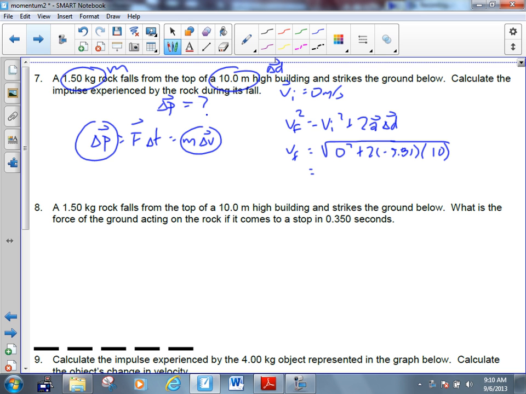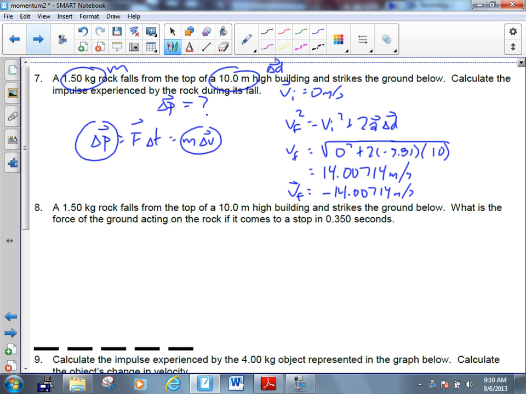And when we did that, we would have gotten a final speed of 14.00714. Now, technically, that is the final speed. We want the final velocity. So VF as a velocity, we're going to make it negative 14.00714.